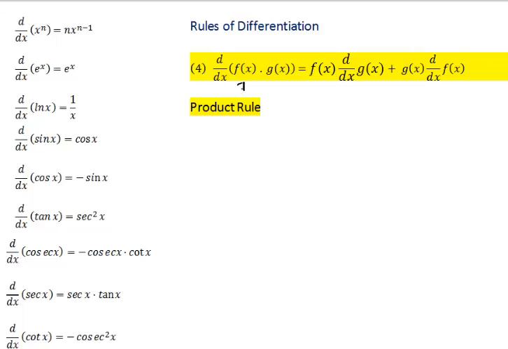So here this is the first function. If I say this is the second function, then you can remember the product rule as: first function you take as it is and differentiate the second function, so fx into differentiation of gx, plus second function into differentiation of first function. You can remember the result like this. Here the order is not important, whether you differentiate fx first or gx first.